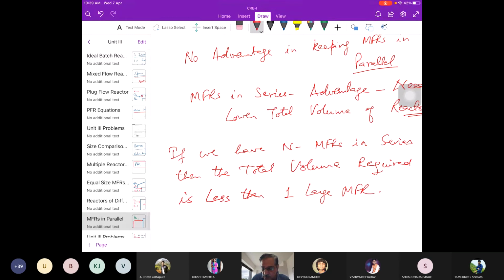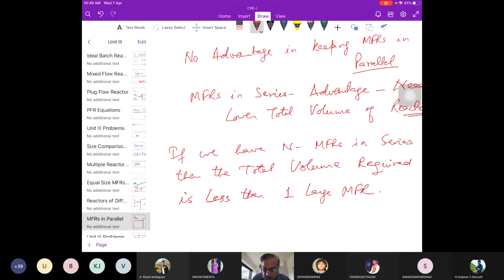Right. So suppose there is a requirement of a large MFR of 10,000 liters. Then I can break it up into 5 MFRs, and definitely the total volume of those 5 MFRs will be less than 10,000 liters.